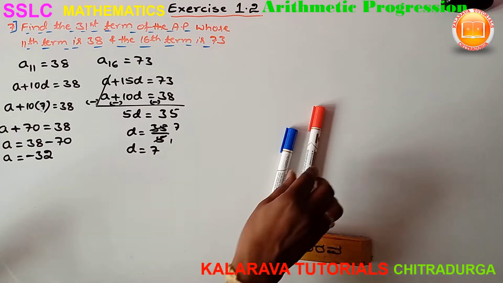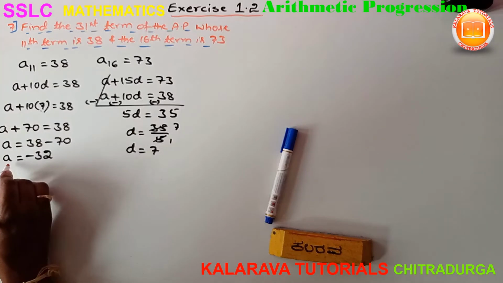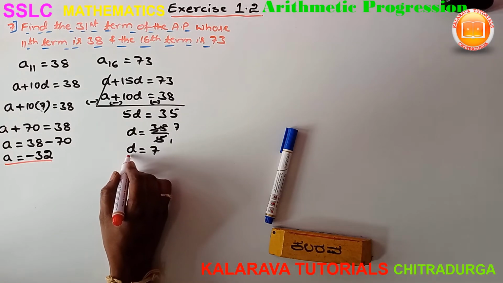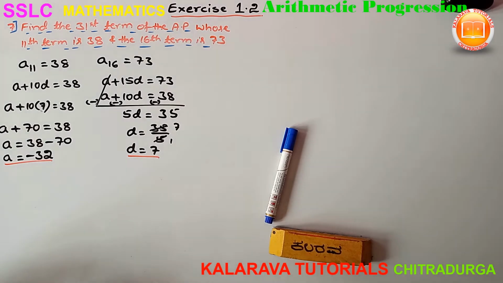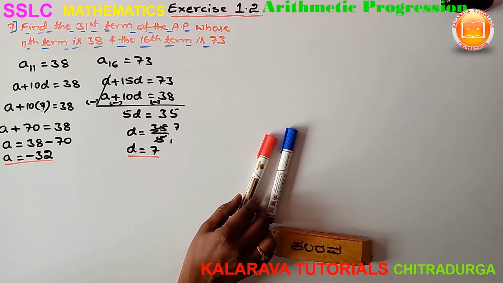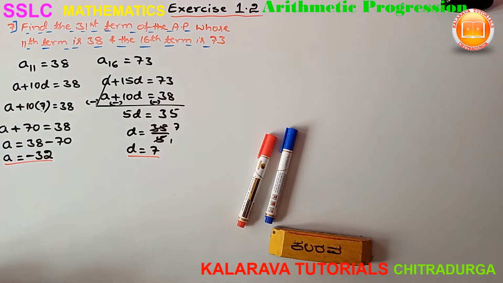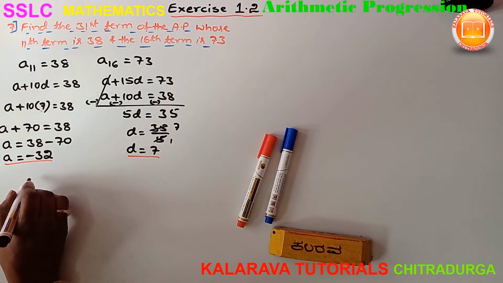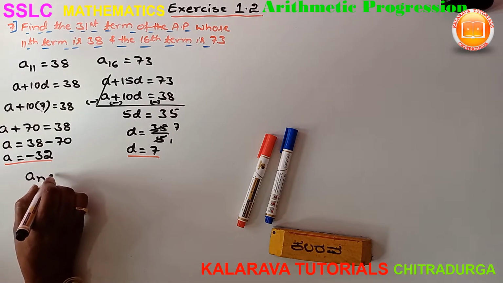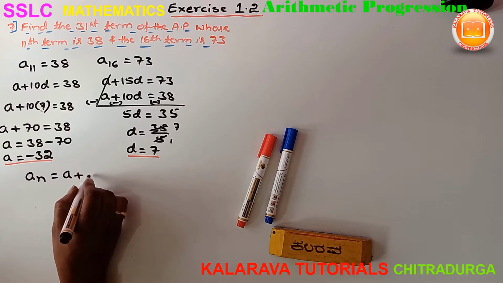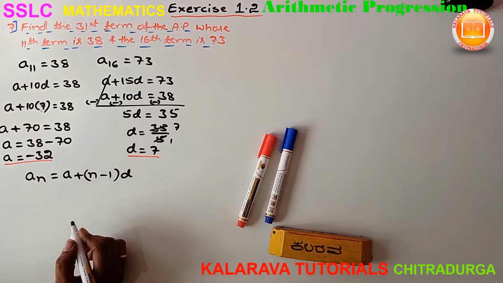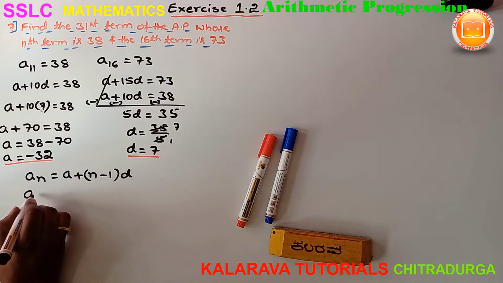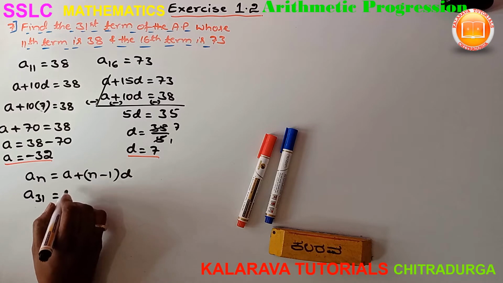So we get both values, A is equal to minus 32 and D is equal to 7. By using these two values, we find the 31st term using the AN formula: AN is equal to A plus N minus 1 into D. Here N is 31, so the 31st term is A31.